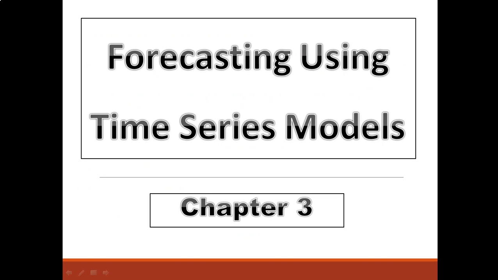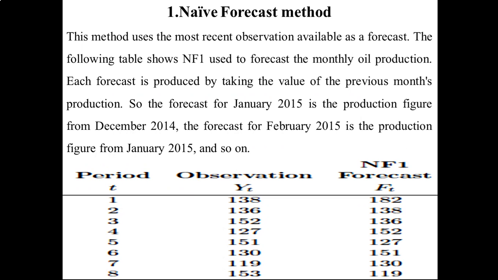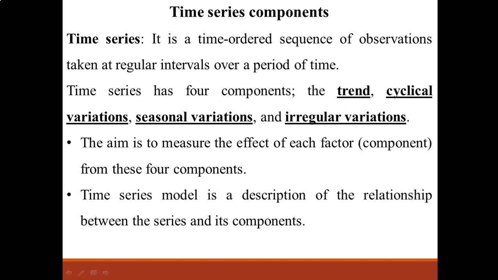By turning to forecasting using time series models, we explained this in the lecture, and we will turn to the time series components. It is a time-ordered sequence of observations taken at regular intervals over a period of time. Okay, so time is a very important factor in the time series. Time series has 4 components: trend, cyclical variation, seasonal variations, and irregular variations.